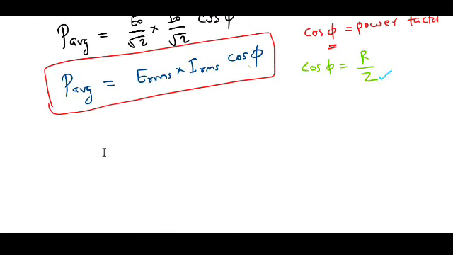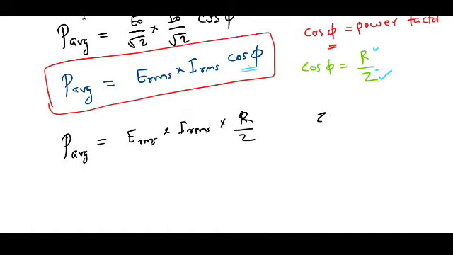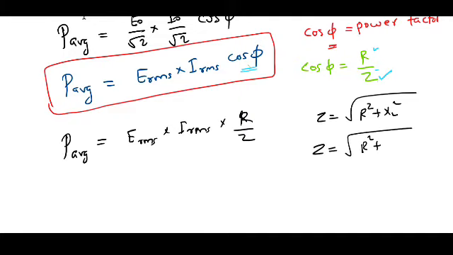Fine. Now, in terms of R and Z, if you replace this cos phi, then the average power can be written as P average is equal to ERMS into IRMS into R by Z. This Z is nothing but the total impedance, that is the square root of R square plus XL square, or R square plus the impedance offered by the inductor, that is L square omega square.